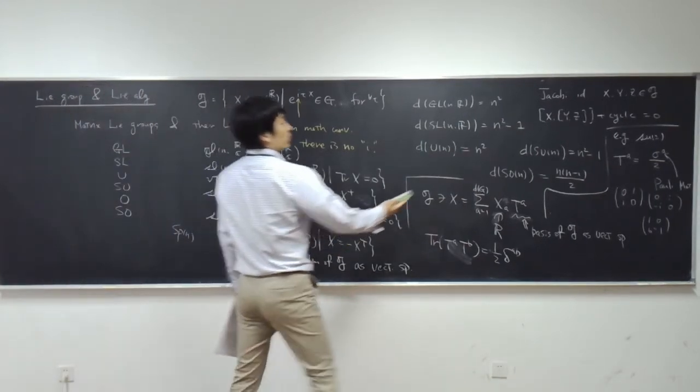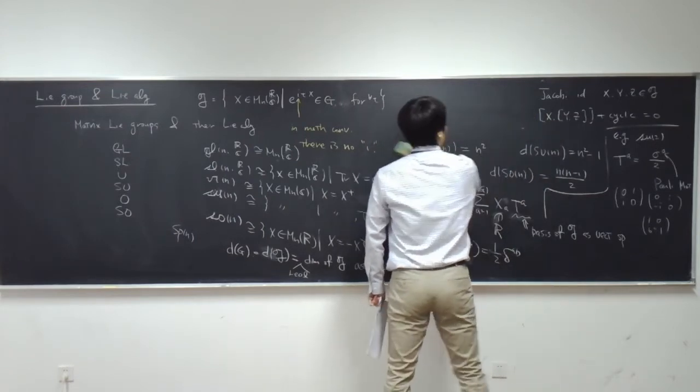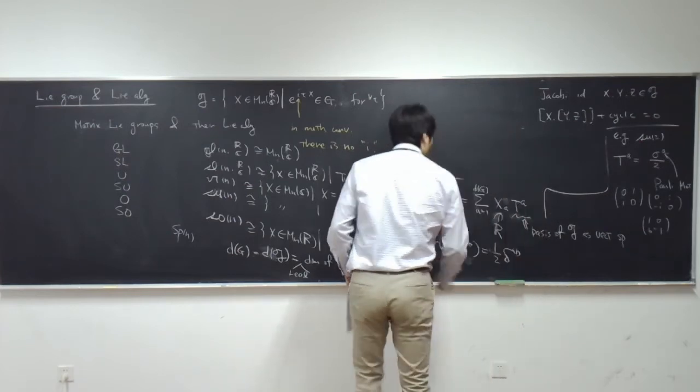And then I can rewrite the Jacobi identity in terms of the basis.